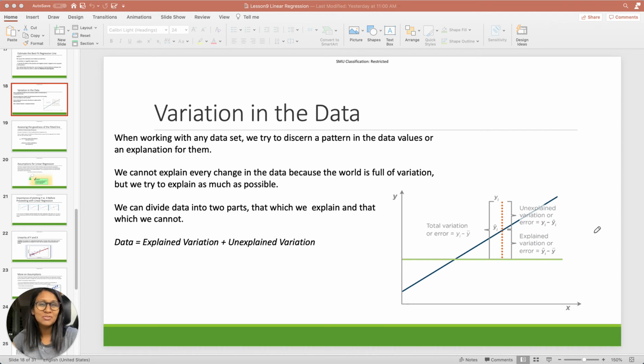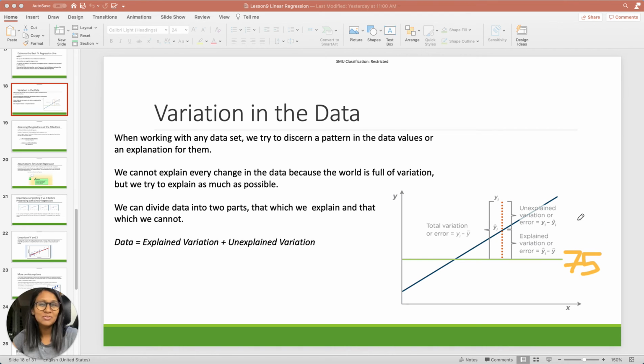I'm going to explain this with the help of an example. Suppose you were trying to predict the score of students on a particular test, and let's say the test is scored out of 100 points, and a particular student had gained 90 marks. So yi is 90 and the average performance is, let's say, 75.